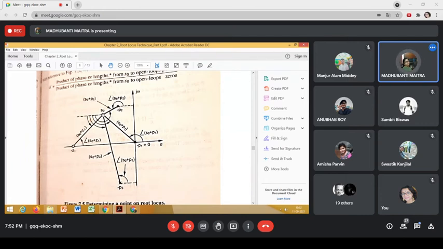Similarly, the locations of all the open loop poles and zeros are known to us because the open loop system is given. If the system is not given, you can't sketch the root locus plot, right? Yes, ma'am. So we can compute all these angles. How can we compute these angles? What could be the methods? By angle criteria.